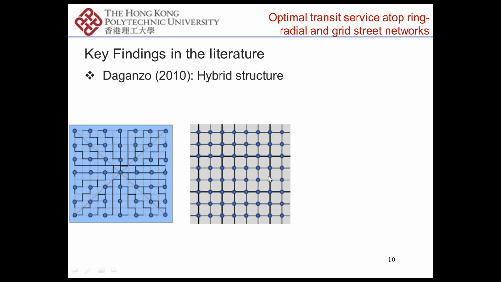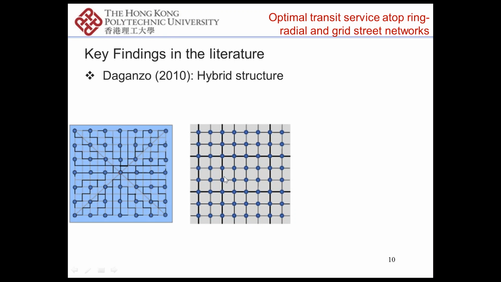But for the grid network, you can basically eliminate these detours because for every trip you can basically take a horizontal line and transfer at any point to a vertical line. So basically you always choose the shortest path. However, there are many more lines and the agency cost is going to be higher.